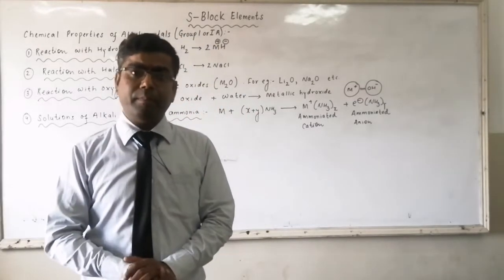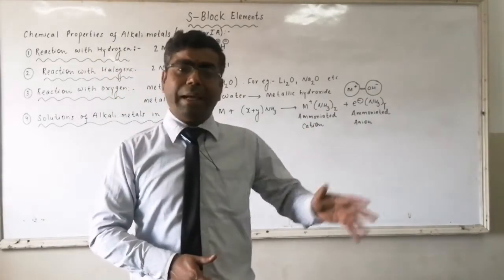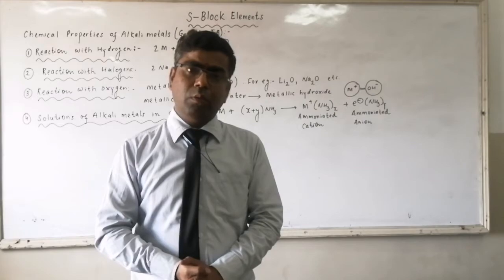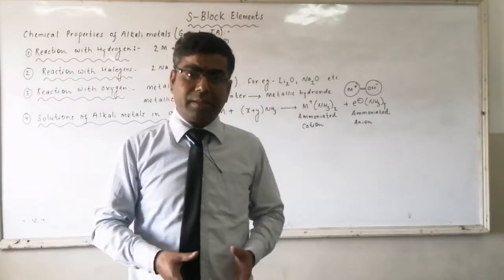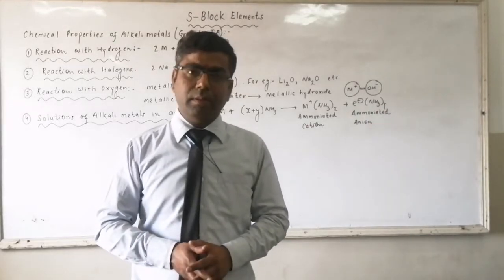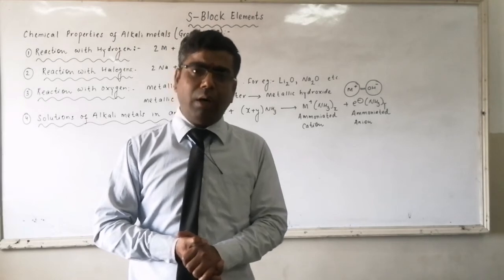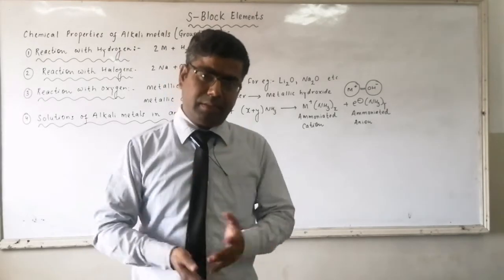So remember one thing, electropositive elements have more affinity for electronegative elements. So definitely there will be a chemical reaction. A metal always reacts with a non-metal. So alkali metals react with halogens and form metallic halides.